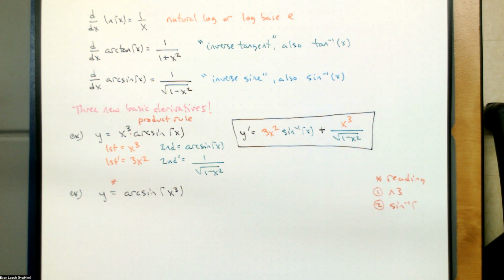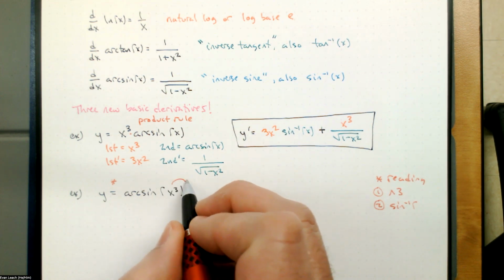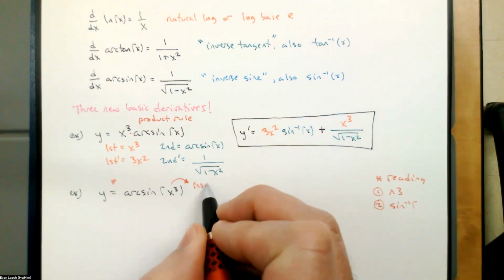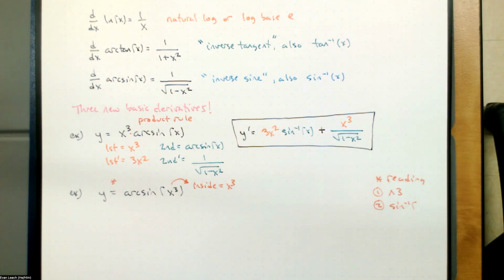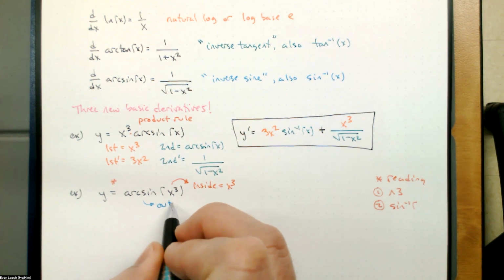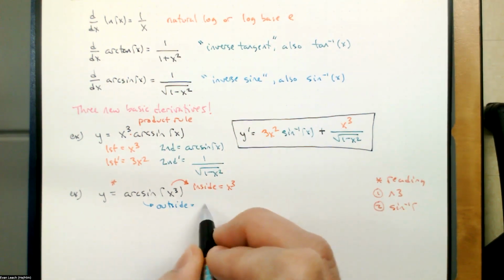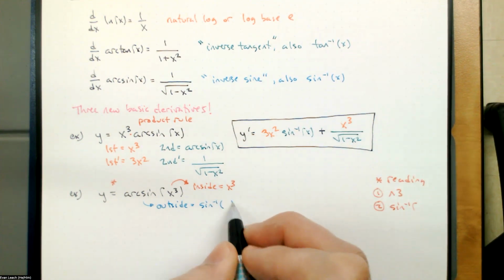See, I'm already doing it. The outside function is inverse sine. And that's going to tell us how to proceed. So our inside function is x cubed, and our outside function is inverse sine of stuff.